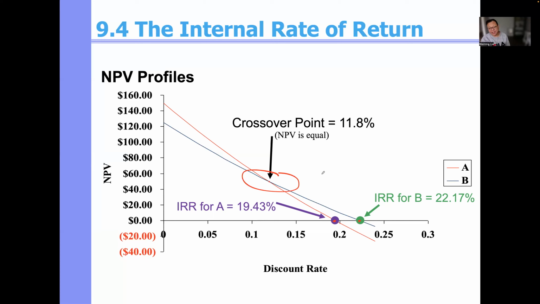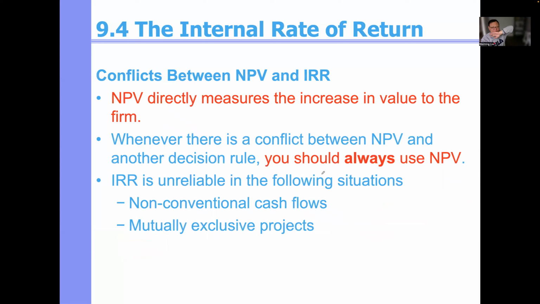So you want to pick the one with higher net present value, right? In the previous example, we see a conflict, right? If you go by NPV, you should pick project A. But if you go with IRR, you're going to pick project B, okay?